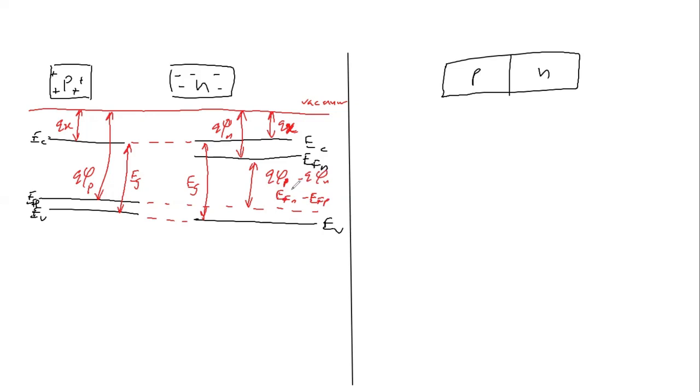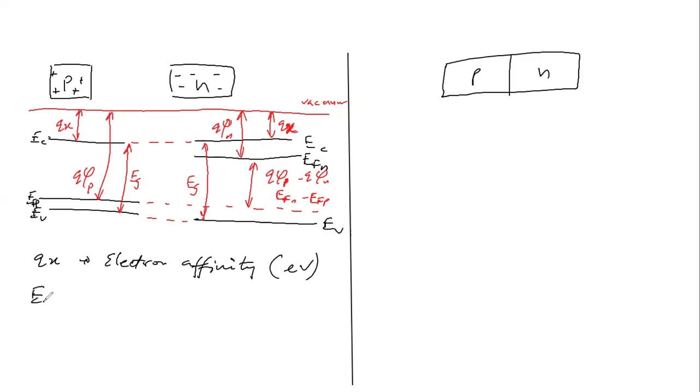Now, this is what happens before we form a PN junction, okay? These materials are separate, okay? And you should know that in this case, the Qx is the electron affinity, okay? So we can measure this in electron volts, okay?